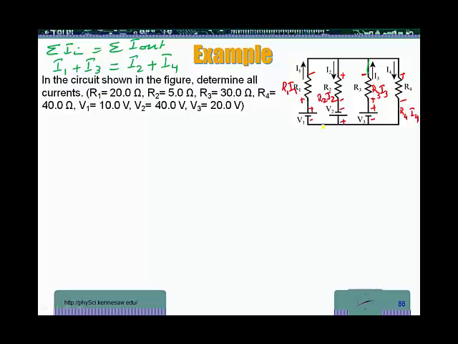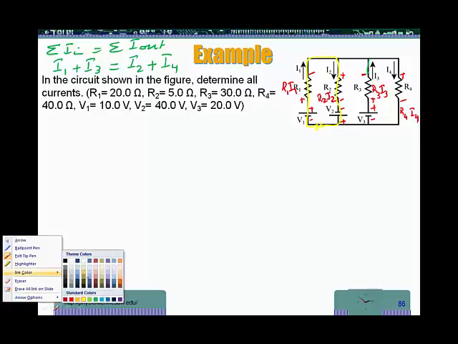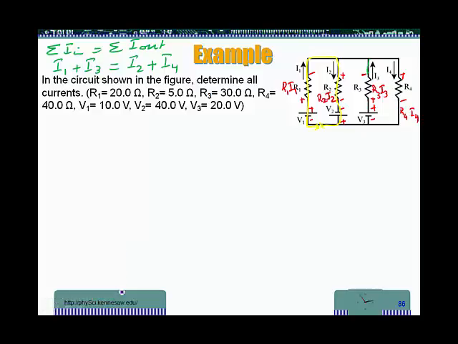Okay, my first loop, let's start here at the bottom and go on counterclockwise this way. Let's use a different color to write it down. Now as I go up here, I meet the positive of V2, so that's going to be minus V2. So I'm going to experience a drop in voltage. And then I meet the minus of R2, so I'm going to have an increase in voltage.